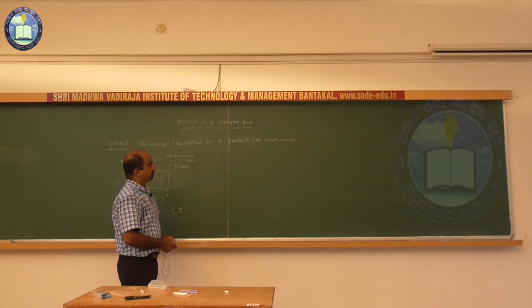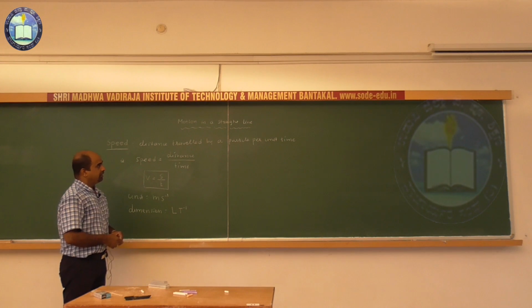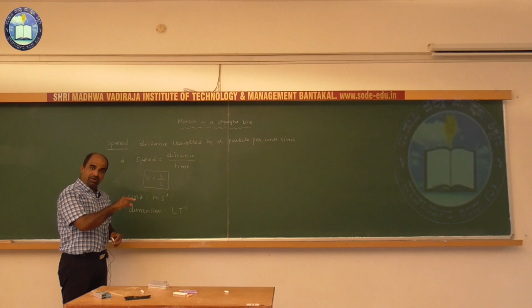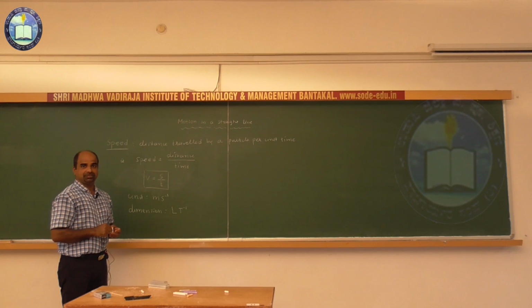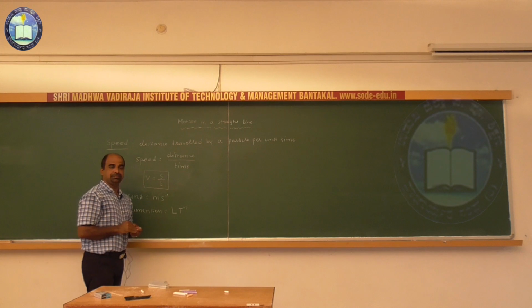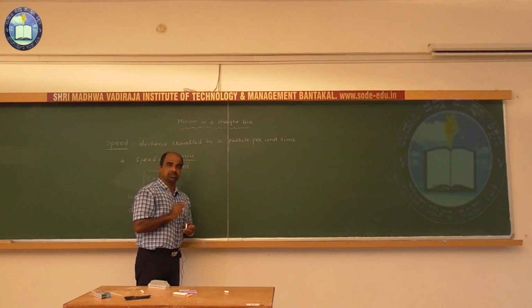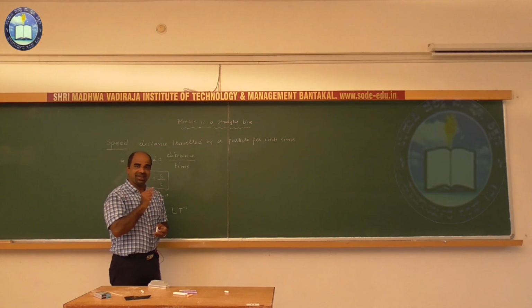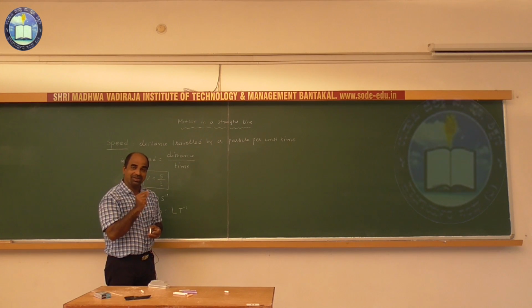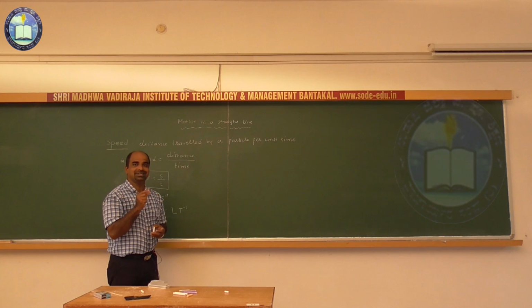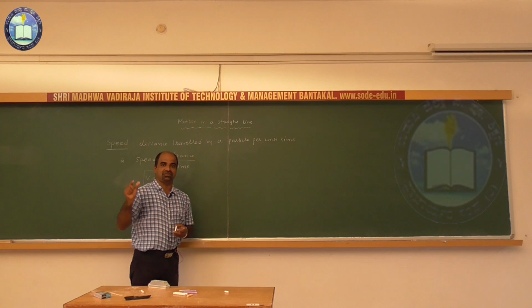We know, speed of the body may be uniform or it may be variable. What do you mean by uniform speed? When we can say speed of the particle is uniform, the body covers equal distances in equal intervals of time.